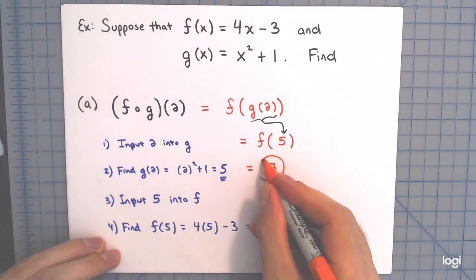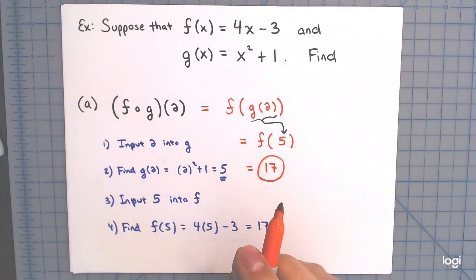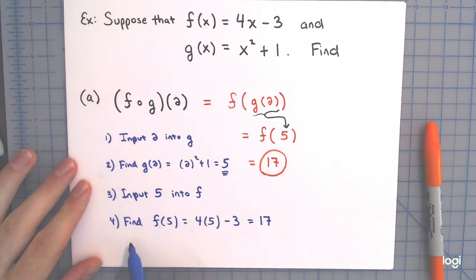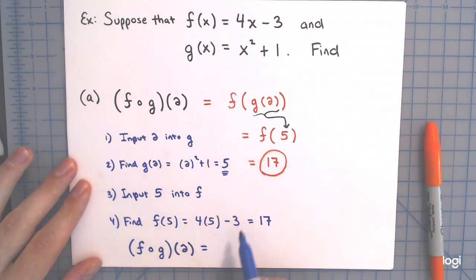And that's the final result. So in other words, at the end here, the value of this composite function, f composed with g, when the input is 2, the output is 17.